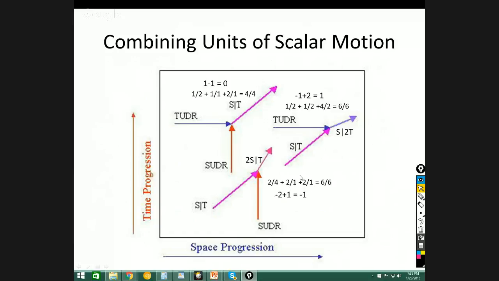But the T side of the ratio has not changed. There's still the 1 and 1 of the time, the 2 over 2 is reduced to 2 over 1 by the oscillation. But when you add the numerators, you get 6. And when you add the denominators, you get 6. So we can see that we're balanced.